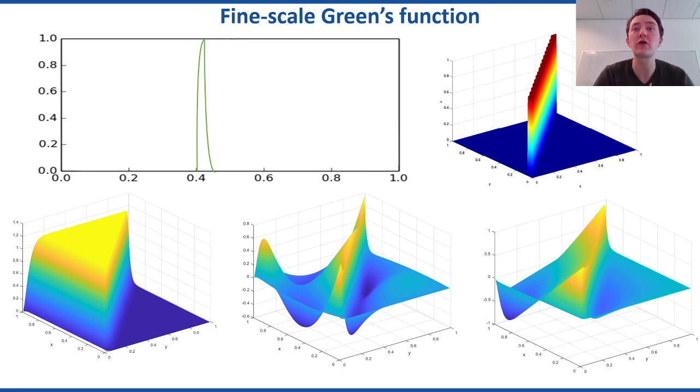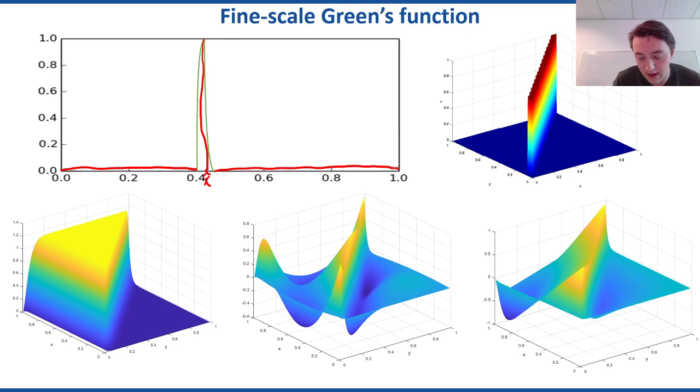This is the fine-scale Green's function on the complete domain from 0 to 1, but for an x hat that is in a certain element, the fine-scale Green's function actually localizes to that element. It is 0 everywhere except in that element. That's not something that I forced it to be. That is a result from simply computing the fine-scale Green's function in that fine-scale space, the kernel of the projector.